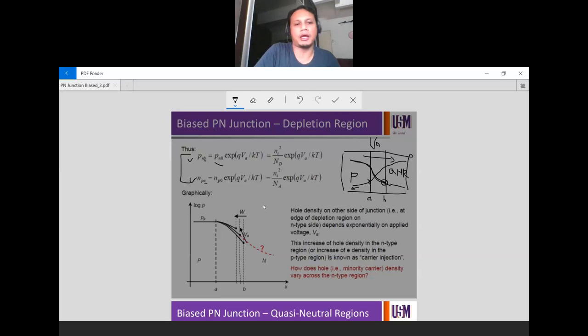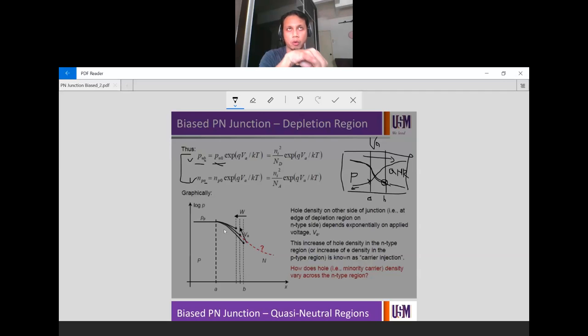So if you compare this PN naught dengan PNB, apa beza dia? What do you think is the difference? So PN naught, if you define again, is the density of hole, which is the minority carrier now, in n-type material at thermal equilibrium.